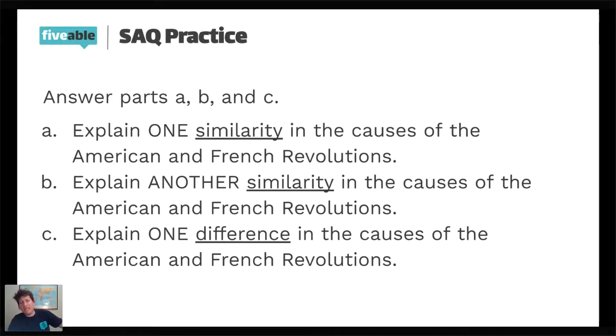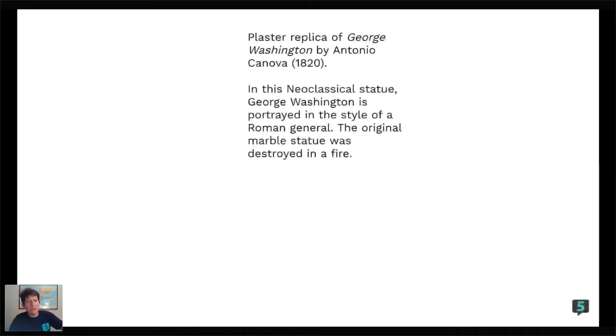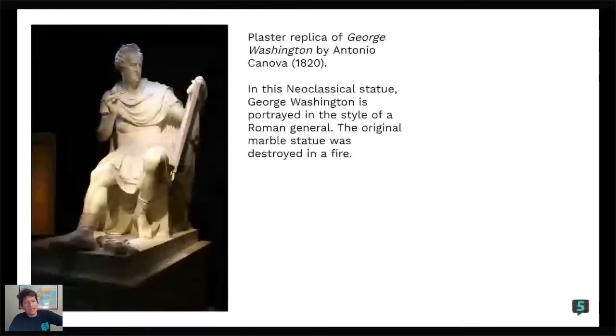I had one more image here, but we just really don't have time for it. Take a look at it: George Washington as a Roman general. This again was just going to be a last image analysis of the connection of these revolutions to the Enlightenment and the neoclassical tradition, looking at the Enlightenment as an heir to the Greco-Roman traditions.